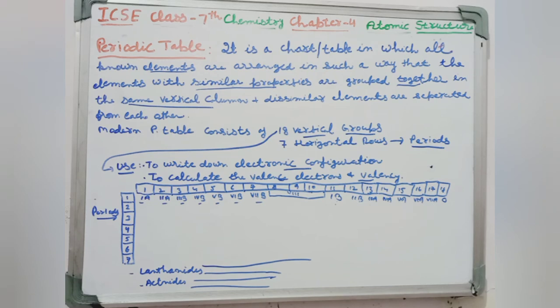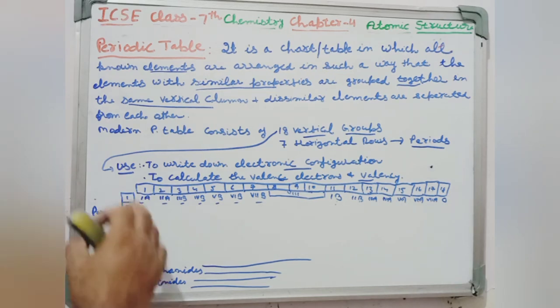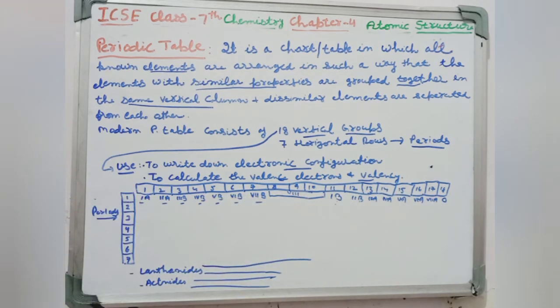In the same way we can correlate their properties, which elements have similar properties and which have different properties. That you will learn in your higher classes. Here you have to understand only the structure of the periodic table and its importance.